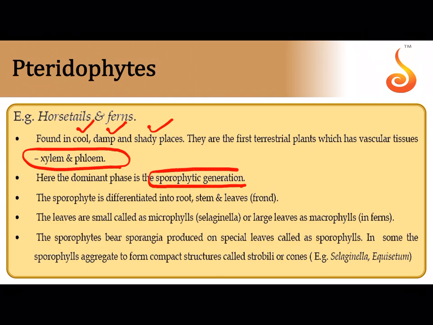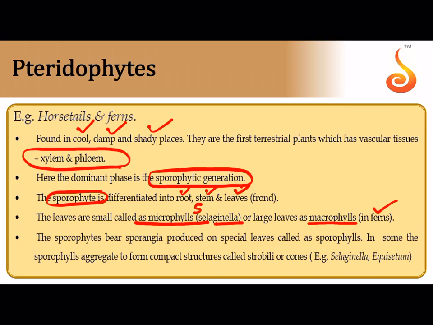But here the dominant phase is sporophyte. I will discuss the life cycle in a very simplified form. And surprisingly, the sporophyte is well differentiated into a root, a stem and leaf. Leaves are very small, called microphylls, in the case of Selaginella, which is a scientific name, or they may be very huge leaves, as in the case of Dryopteris or fern.